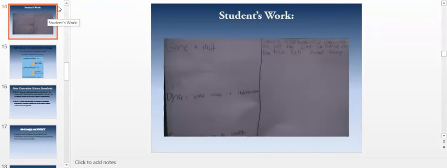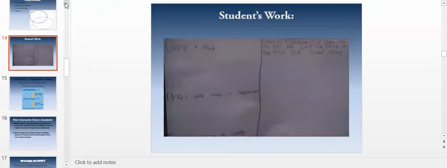So on this slide, you can see a student's work. I just want to remind that in a sheltered classroom, most of my students are ELs. Some of the students actually had a hard time writing and speaking in English, and obviously the comprehension level was a bit impaired.